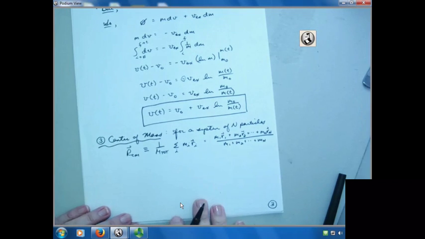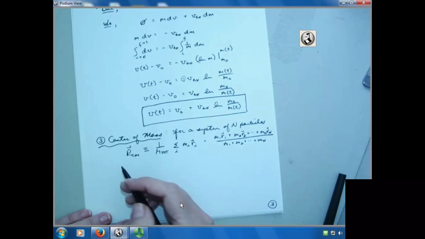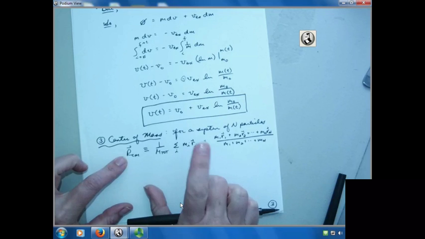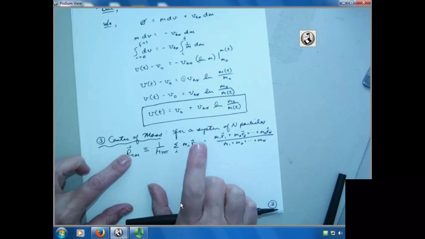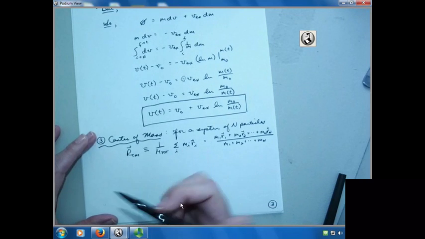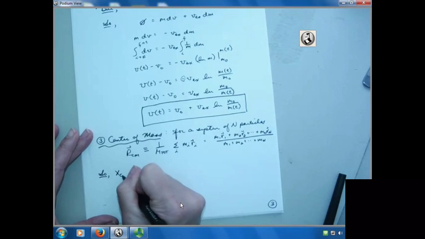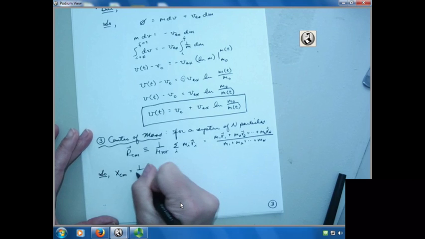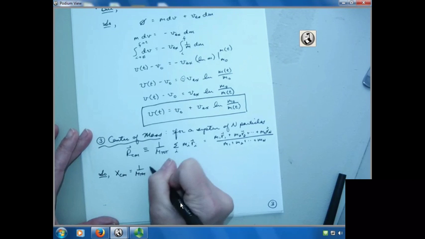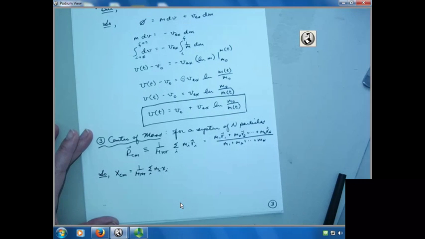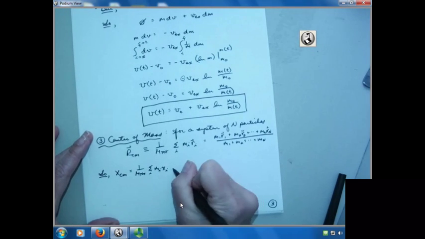It's a vector equation. That means that it holds this x component equals this x component, this y component equals that y component, and this z component equals this z component. So what that results in are 3 equations. The x component of the center of mass is equal to 1 over m tot times the sum over i, m sub i, x sub i, where x sub i is the x component of the location of the ith particle.